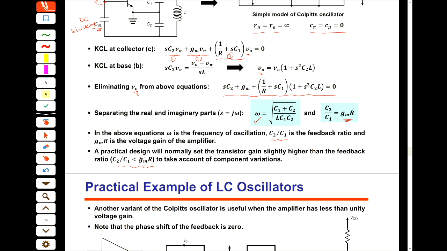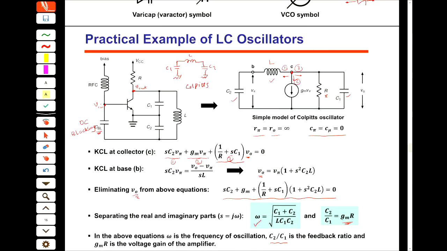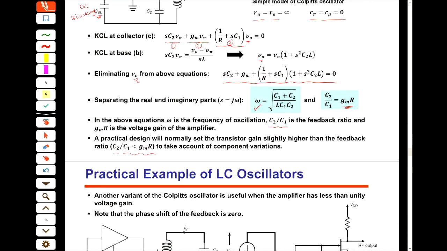If we find this value, because we know the biasing of this transistor, then we know that gm is IC over VT. And based on that, we should select capacitors C2 and C1, and then again based on the frequency that we want our circuit to oscillate, we can select the L, and then done. We designed our oscillator. Okay? Yeah. Slightly higher than.